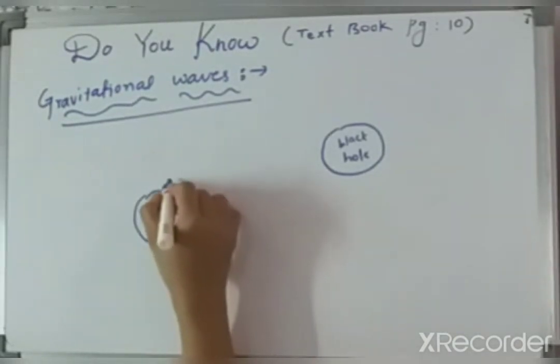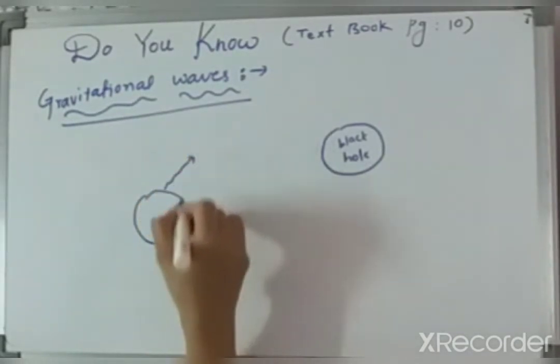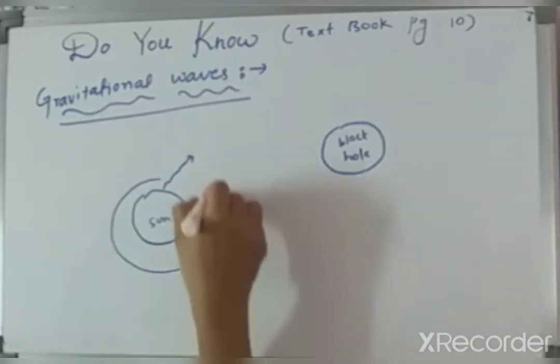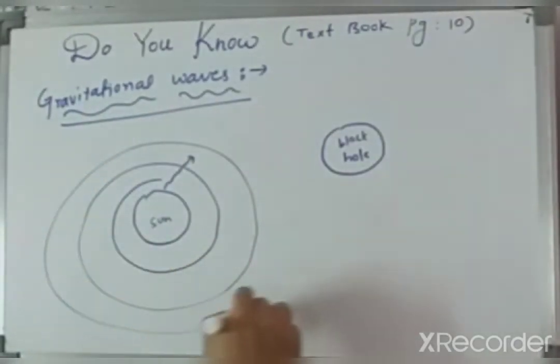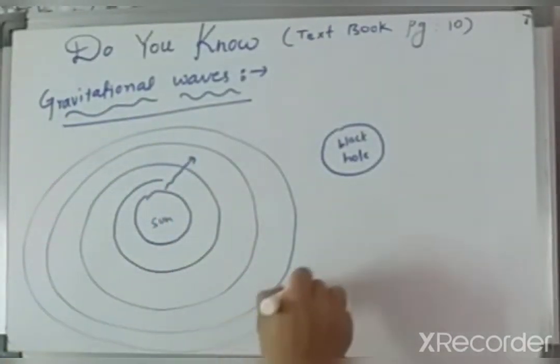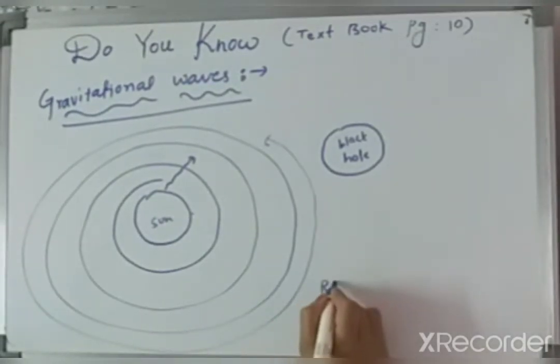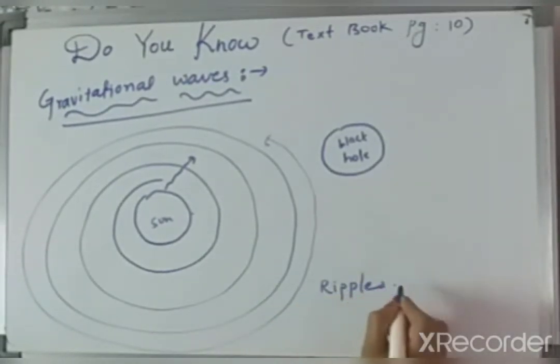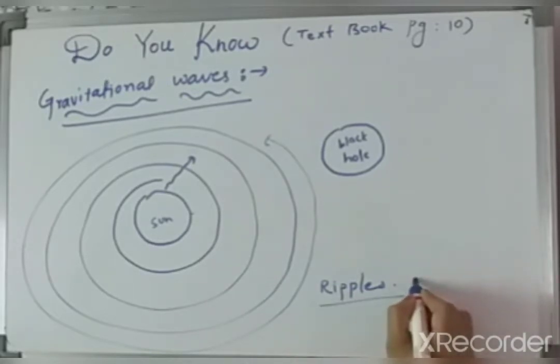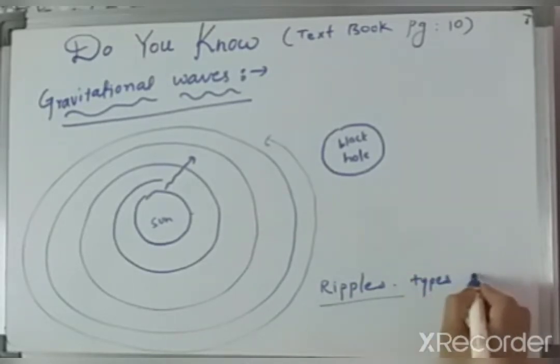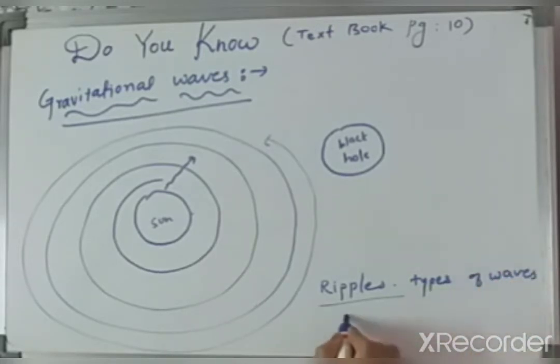So these are giving out in the outward direction a kind of energy which is in the form of concentric circles, they are like ripple type. As ripples appear on the surface of water, so ripple types of waves are given by different astronomical objects.